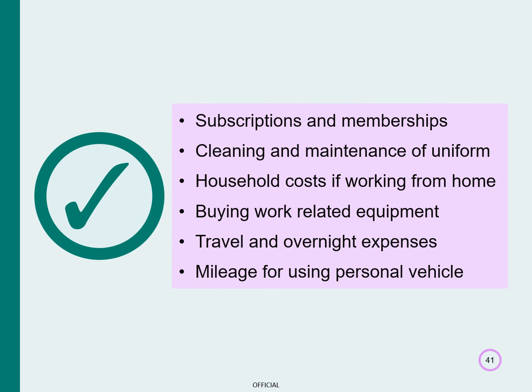So this could be things like professional body subscriptions or membership fees, cleaning and maintaining your work uniform, additional household costs if you have to work from home for all or part of a week, buying work-related equipment, travel and overnight expenses, or mileage for using your own vehicle for work purposes, but not for commuting.